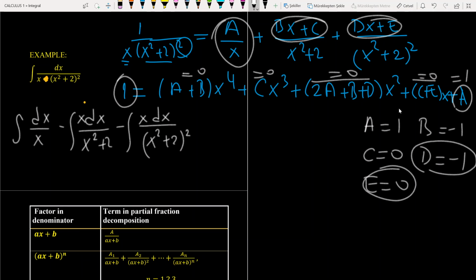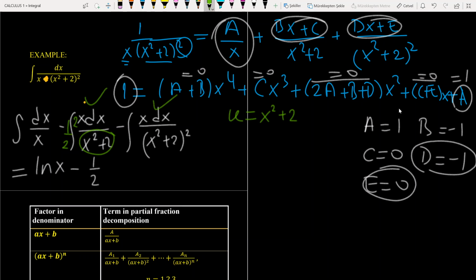Okay, if you use the substitution rule and say u is equal to x squared plus 2 for these two integrals, you will easily find the solutions. Of course the first one becomes ln x. For the second, you have the derivative of the denominator, 2x, in the numerator.